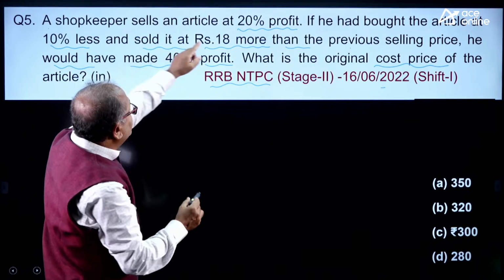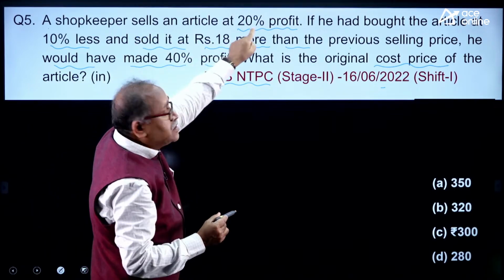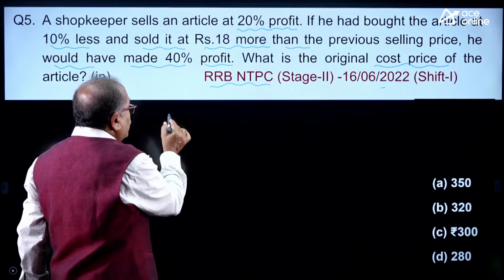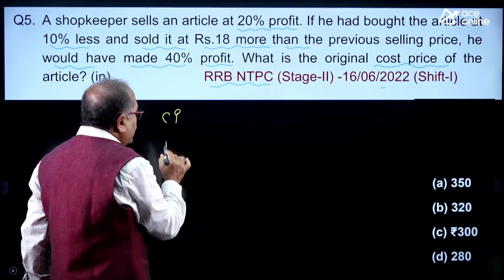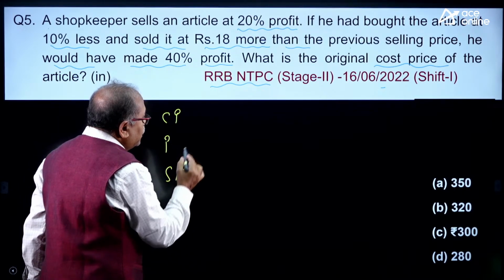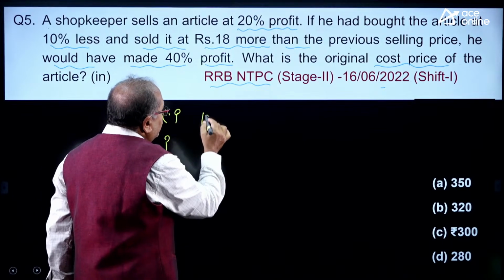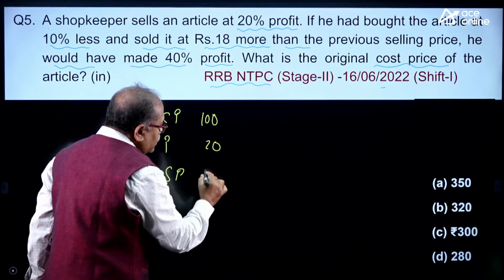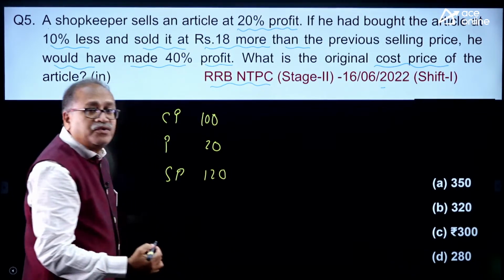So, here a shopkeeper sells an article at 20% profit. That means here it is CP, the profit and the selling price. If the CP is 100, the profit is 20 and the selling price is 120.